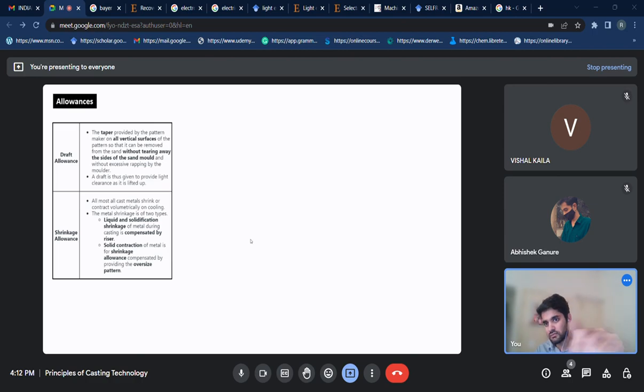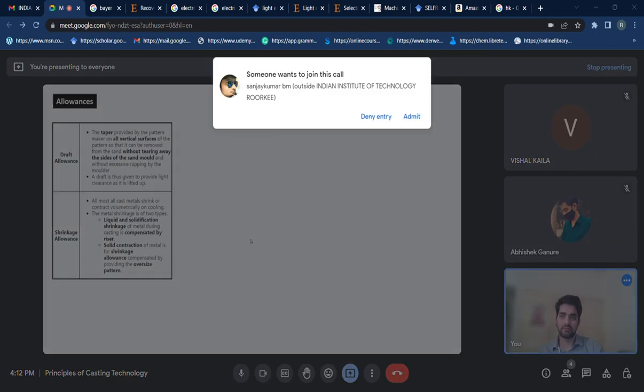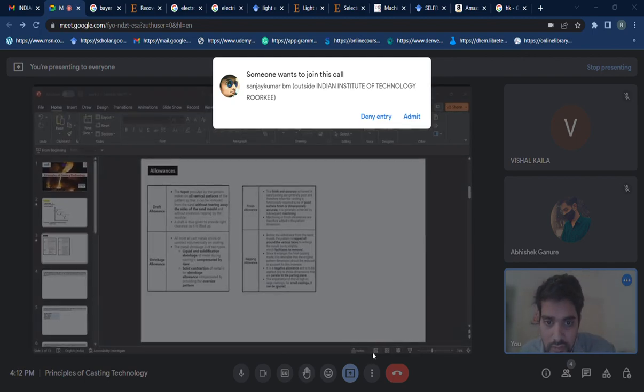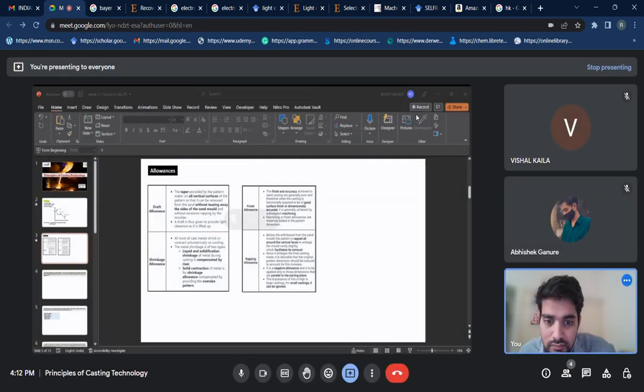There are different types of allowances. Firstly, the draft allowance is given as a clearance basically. It is provided in taper form, and it is provided by the pattern maker on all vertical surfaces.